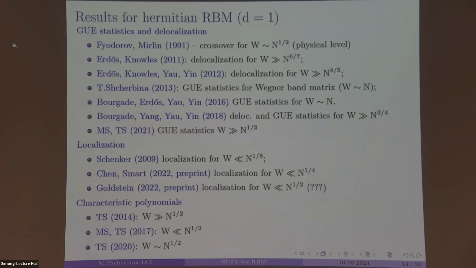Now, just to show you that very serious people have tried to solve this problem, at least for d equal to 1, here is a list of papers. The first were Fyodorov and Mirlin. On a physical level of rigor, they formulated the conjecture that there is a crossover for W proportional to n^{1/2}.